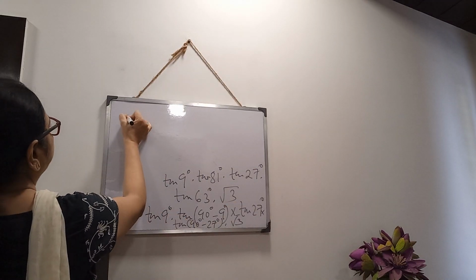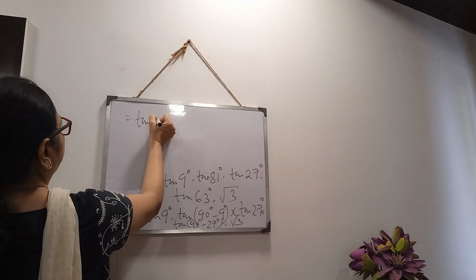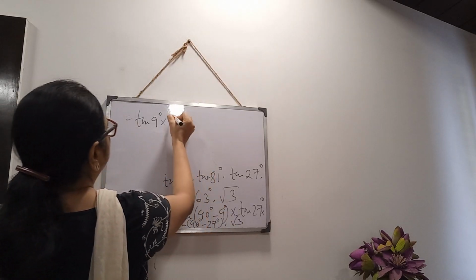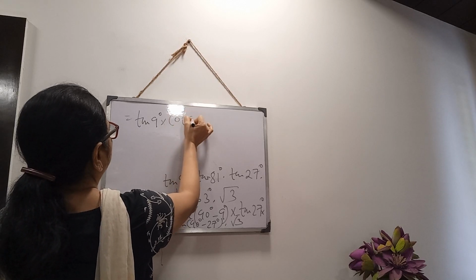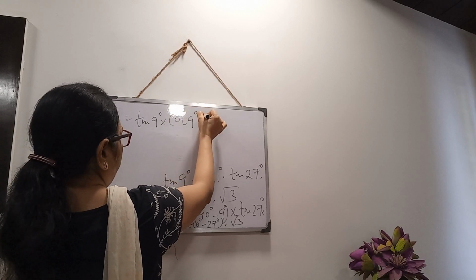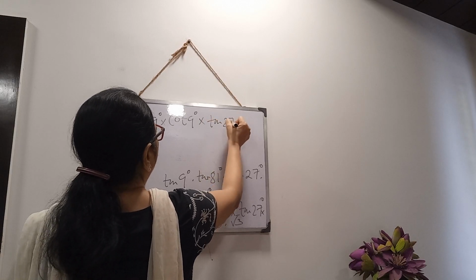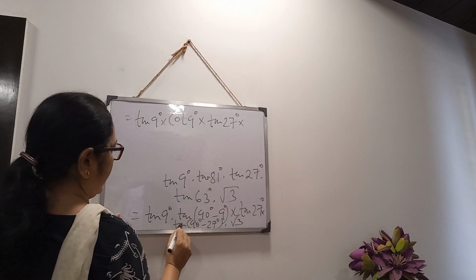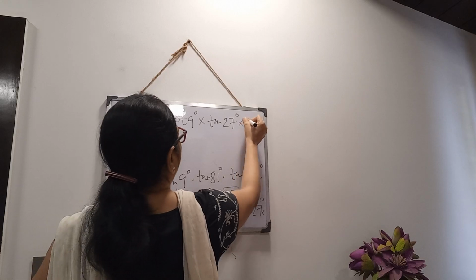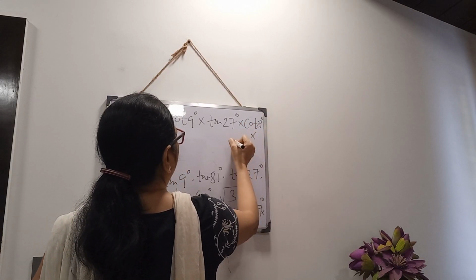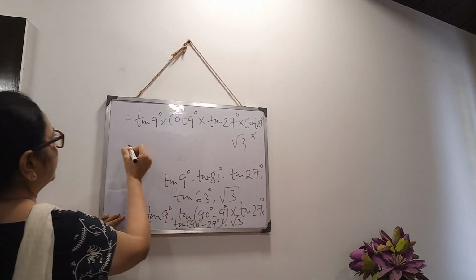Apply the formula. Tan 9 degree, and tan 90 minus theta means cot theta. Clear? So tan 90 minus theta means cot theta, into root over 3, that value.